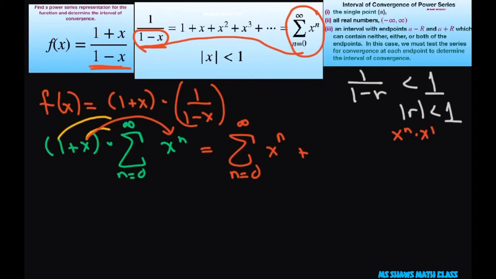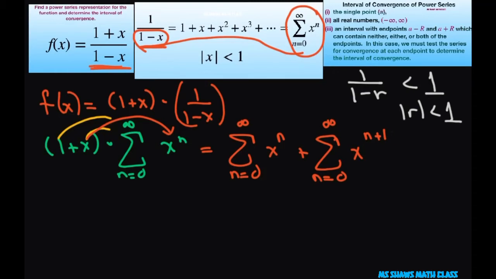So that's going to be the sum, n equals 0 to infinity of x to the power of n plus 1. All right. If you want to simplify this, let me erase this part right here. Okay, there you have it.